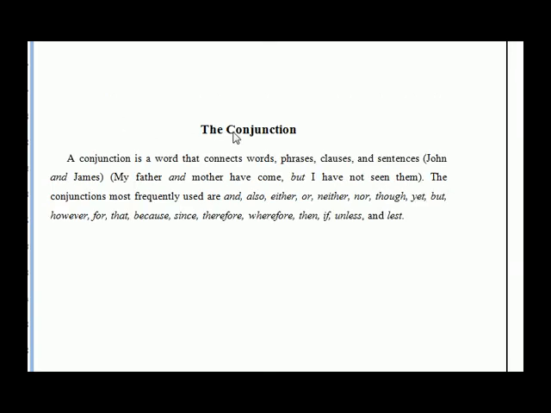A conjunction is also a connector, and the key difference with the preposition is that it does not show any relationship. So my father and mother have come, and here is the connector, not really showing any relationship between father and mother, and is therefore a conjunction.